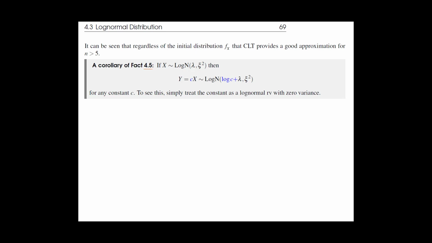Y will have the log normal distribution with parameters log of c plus lambda comma sigma squared, psi squared. Right? And the best way to see why this is true is you apply the previous theorem, but you consider c as a random variable with mean c and variance equal to 0. And then you're going to get this result.